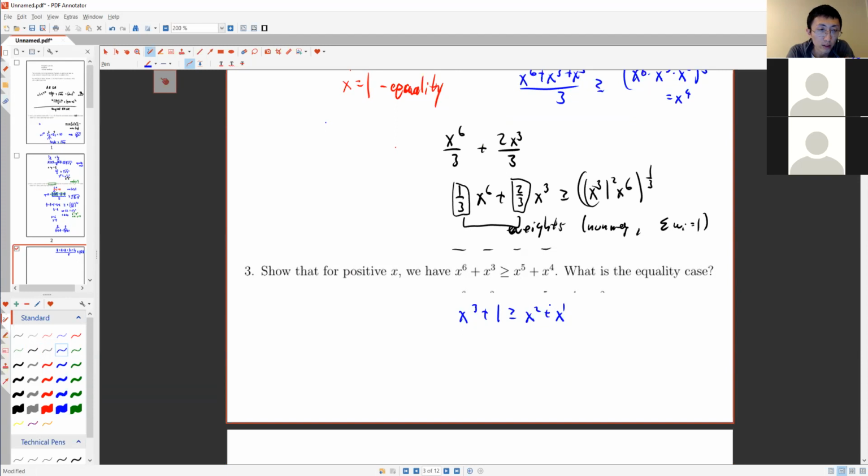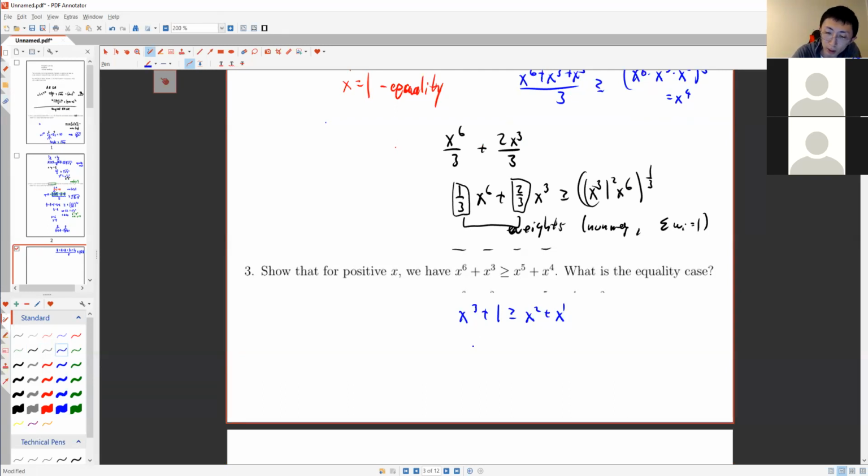So Google says AM-GM to get x to the 9th. I'm not sure if we can use AM-GM directly from the equal weights condition.